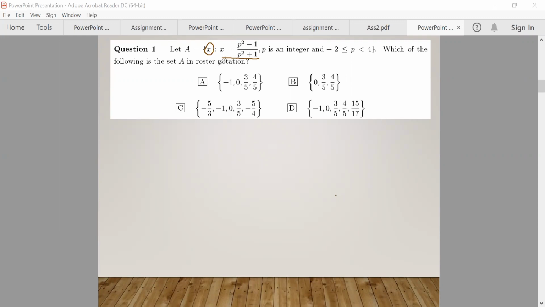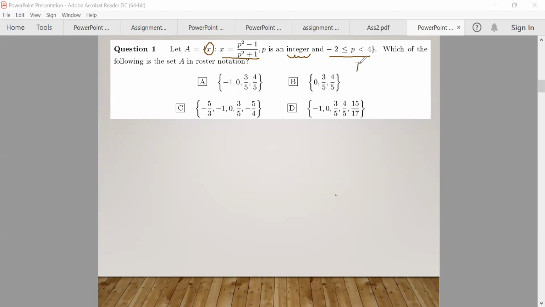It's written in terms of another number p, where p is an integer greater than or equal to -2 and less than 4. So we have an expression to calculate x, and no more conditions on x. We have only conditions on p: it must be an integer between -2 and 4.